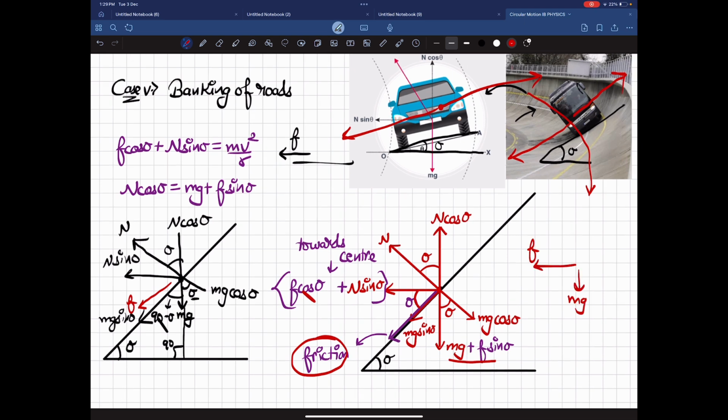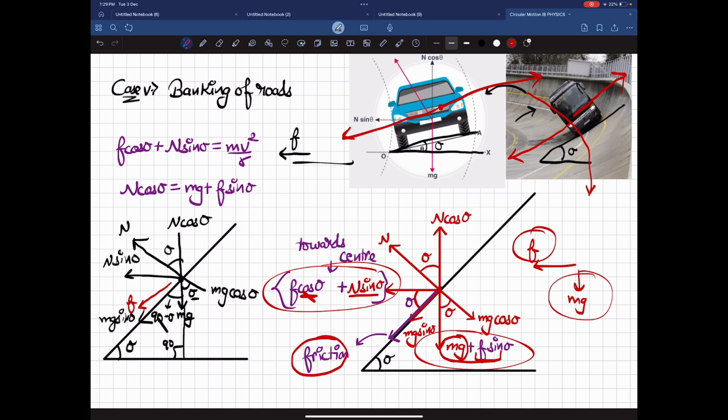But in this case, friction is towards the center of the circle, as well as n sin theta is also towards the center of the circle. And mg was downwards earlier, but here friction's component is also helping you to stay on the ground. Earlier this was the case, now this is the case. So the forces are more now, it is helping you more.